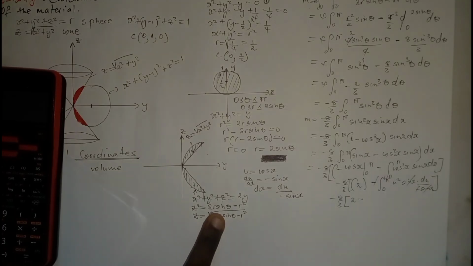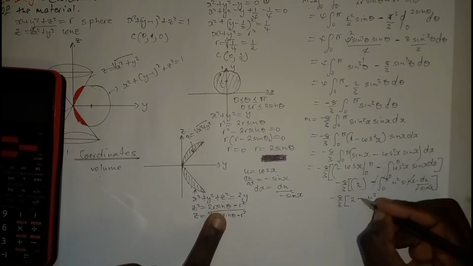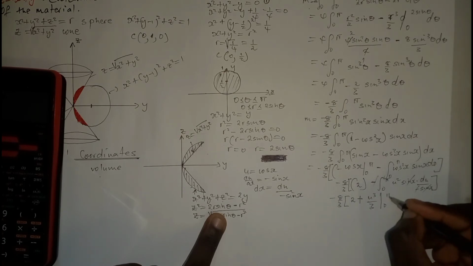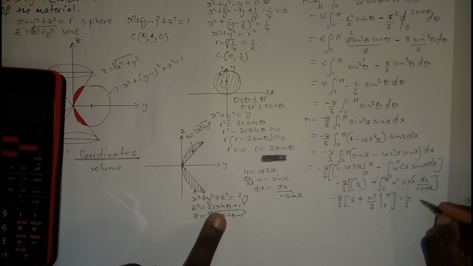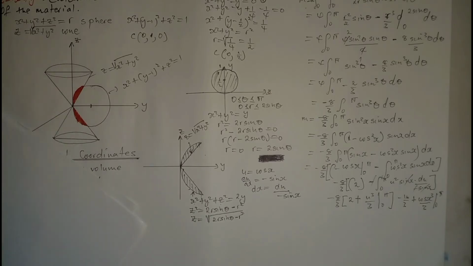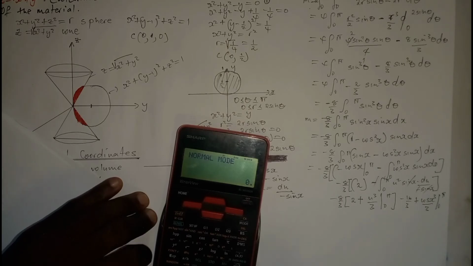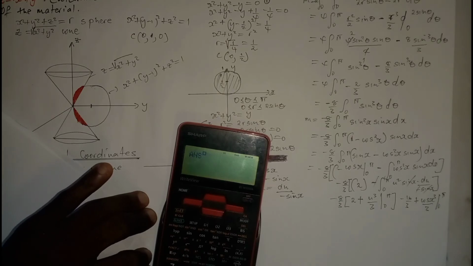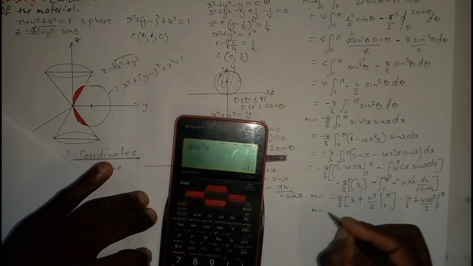So for negative 8/3, 2 minus, and we're going to have u to the power 3 over 3. It's going to be plus here from 0 to pi, and that is going to be negative 16/3 plus, this one's going to be cos cubed x over 3 from 0 to pi. And what is going to happen here, if you say cos pi to the power 3, it is going to be negative 1, so the mass is going to be negative 16/3.